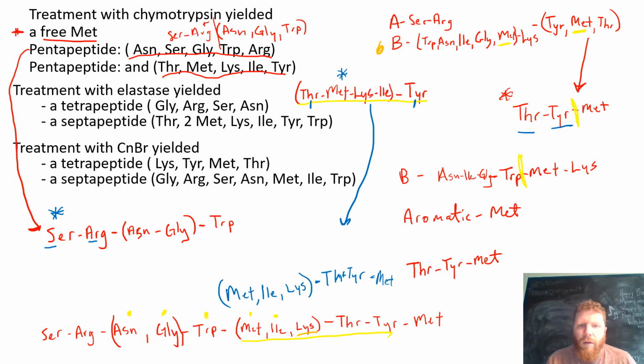Well, here are the 5 amino acids of those 6, and lysine has to be at the end. So we could basically remove this parentheses and now place it like that. And we can do that because we're comparing our chymotrypsin and our trypsin data. Okay.